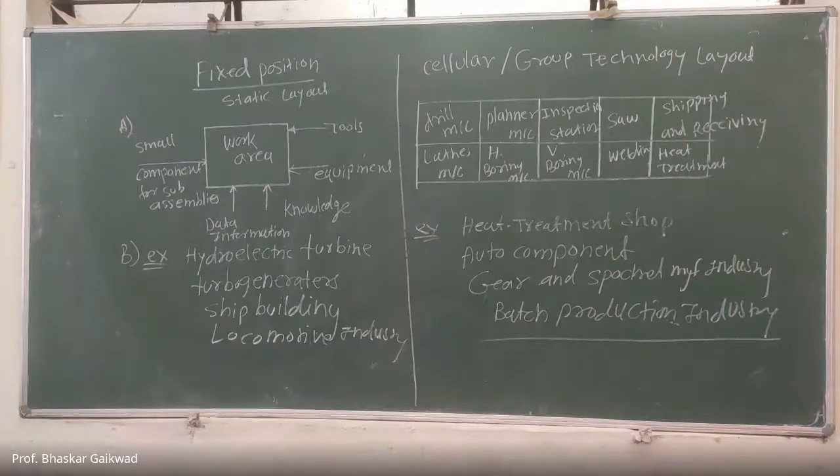There is no specific order, and assembly and disassembly are also different. So this is the combination layout, which is not in the syllabus, but I told this for your knowledge. The main things, fixed position and cellular, are in your syllabus. Examples you have to remember. What is the core concept of the fixed position and group layout.